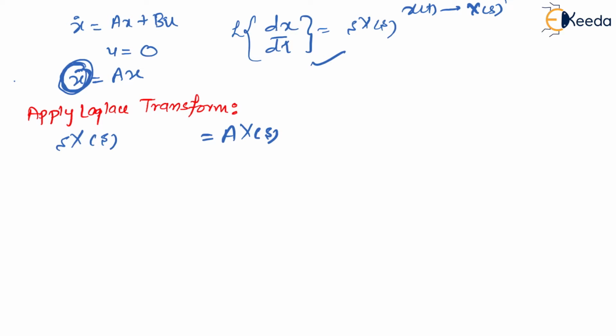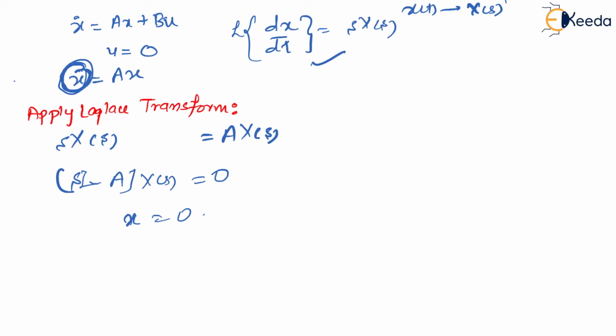We are talking about the solution. Students may just say it is s into X of s equal to A into X of s, so (sI minus A) into X of s equals 0, so X is going to be 0. Will that happen? No. That is the reason initial condition is very important.